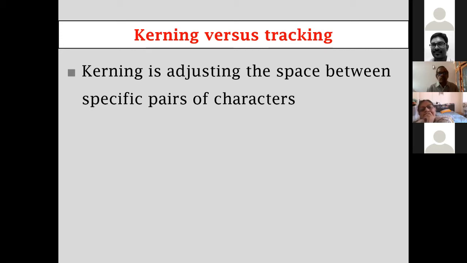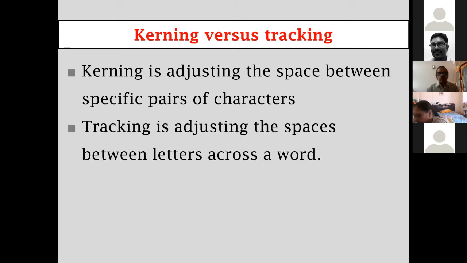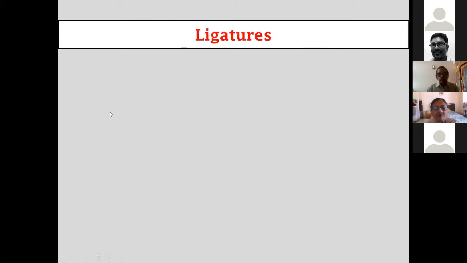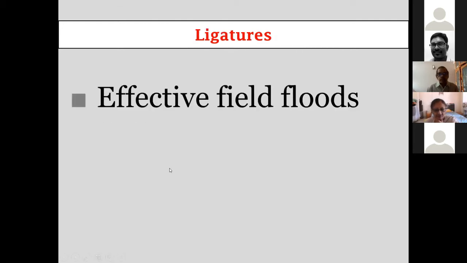That's called kerning. You have many such pairs, and a font designer keeps this in mind and uses appropriate spacing. Whereas tracking refers to what I demonstrated just now, that is, you space out letters within an entire word. So that's tracking.